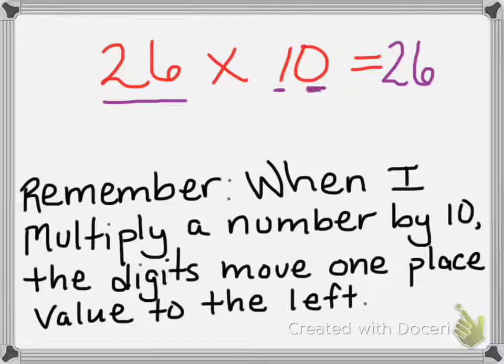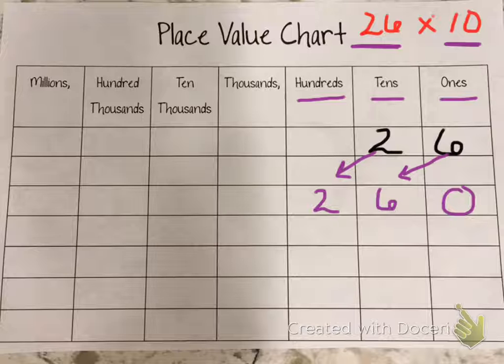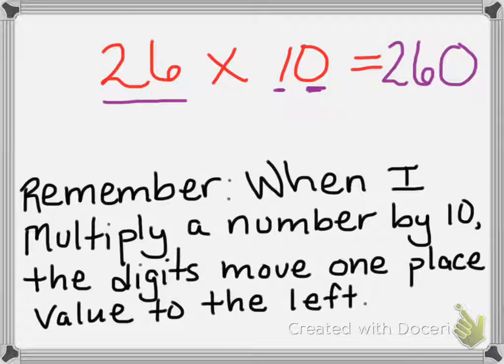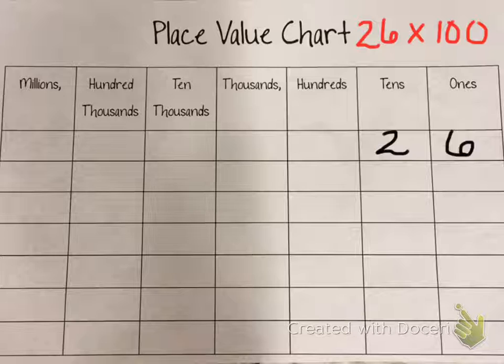And when I have 10, I'm just going to put my 0 on the end. And the reason for that is when I'm on a place value mat, that 0 is the placeholder for when my digits move over one place value to the left. So remember, when I multiply a number by 10, the digits move one place value to the left.